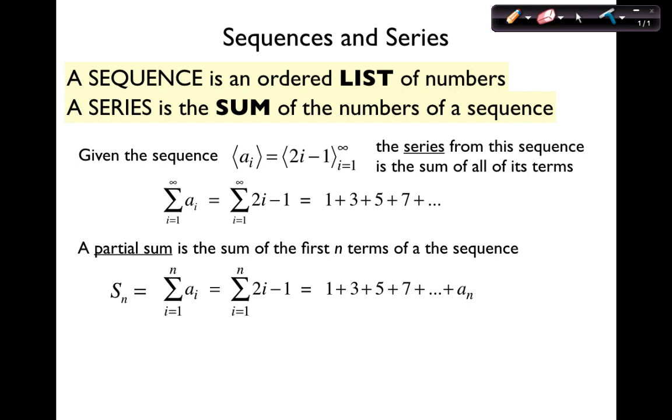So every sum has a bunch of partial sums depending on how far you go. What we can do is take those partial sums and make a list out of them, and that's called the sequence of partial sums.